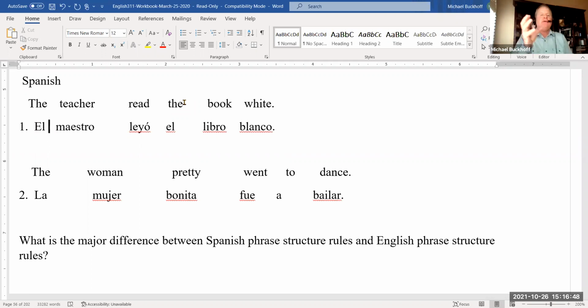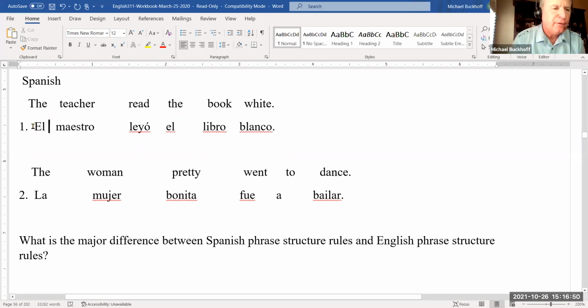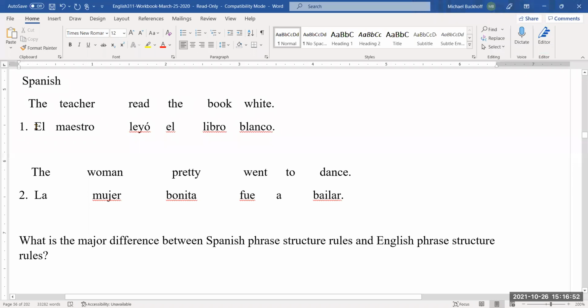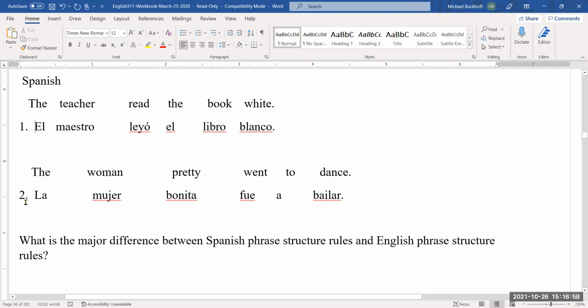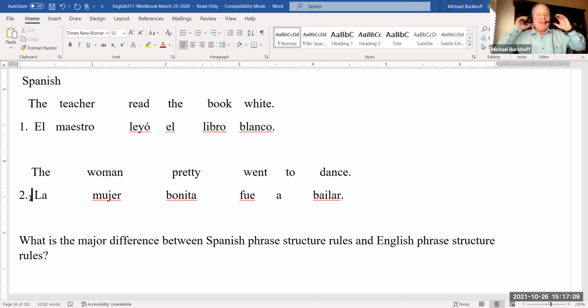Somebody that can beautifully read these sentences. I could do that. Okay, thank you. Number 1, ándale pues. El maestro leyó el libro blanco. There you go. Number 2. La mujer bonita fue a bailar. That's great. You sound like a native speaker. Perfect. You probably are, right? Yeah. There you go. That's great.